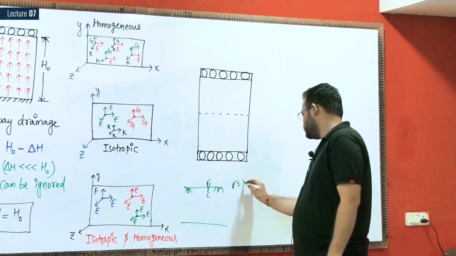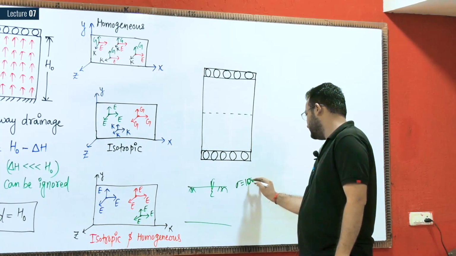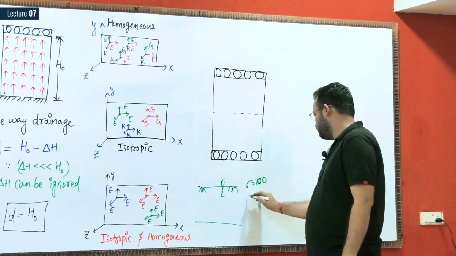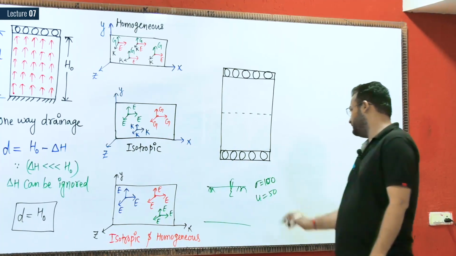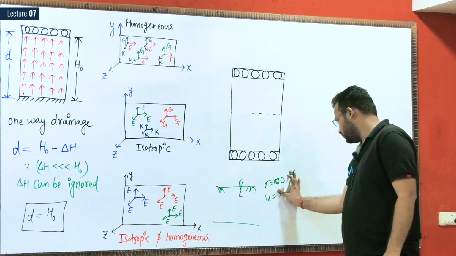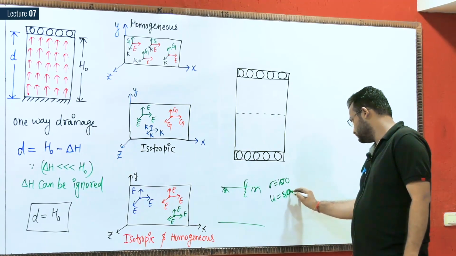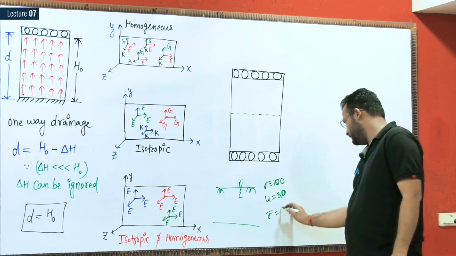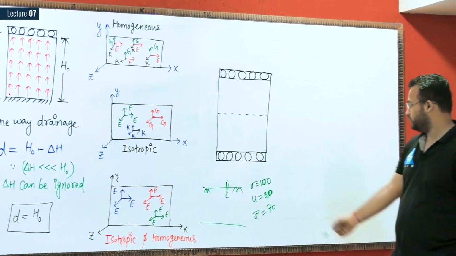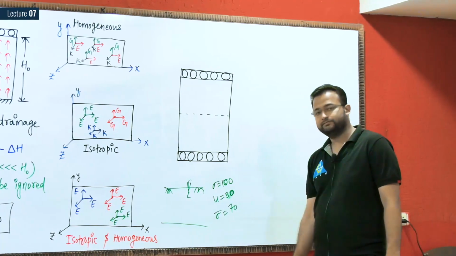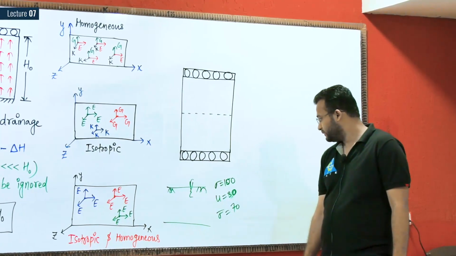Total stress is suppose 100. Pore pressure is suppose 30. So effective stress, what is the value? 70. Total stress minus pore water pressure.